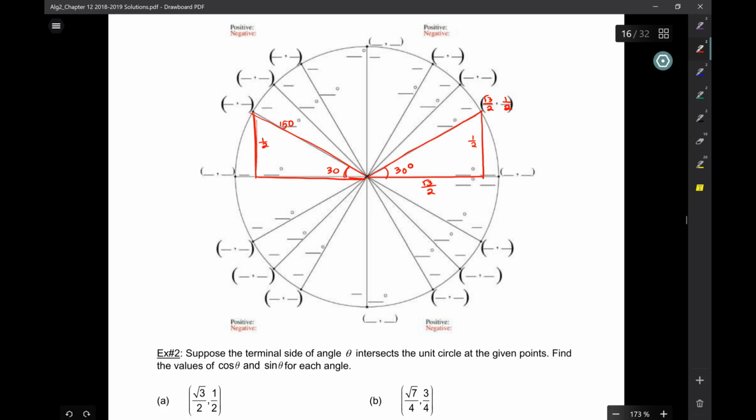How much is this horizontal side? √3/2. So now, to get to this point here, how much do I go horizontally? √3/2, and how much do I go up? 1/2. But I go √3/2 in the negative direction, right? So this is negative √3/2 and 1/2. Does that make sense? Negative √3/2 and 1/2.